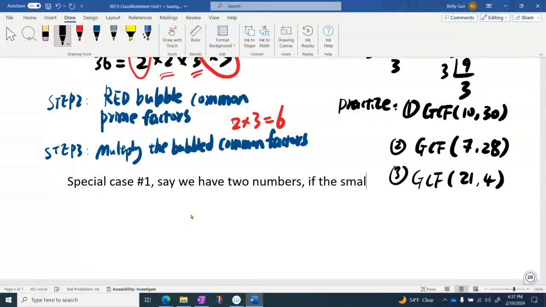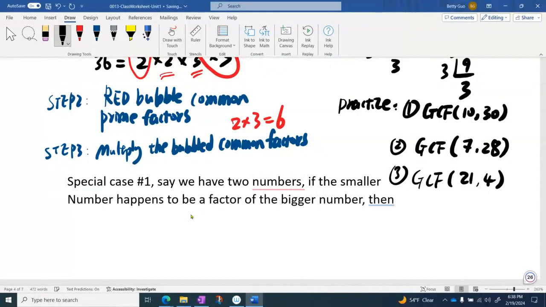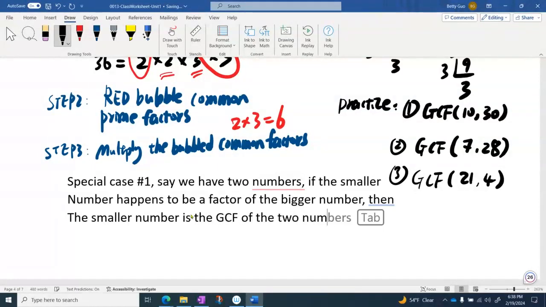When we have two different numbers, of course, one number is smaller, the other is bigger. They are both whole numbers, means they are positive, not negative. If the smaller number happens to be a factor of the bigger number, then the smaller number is the GCF of the two numbers.